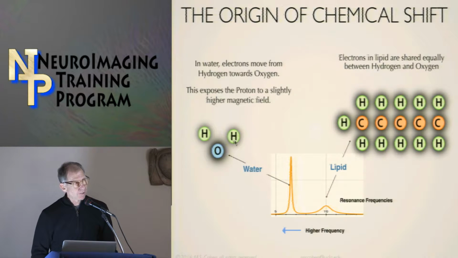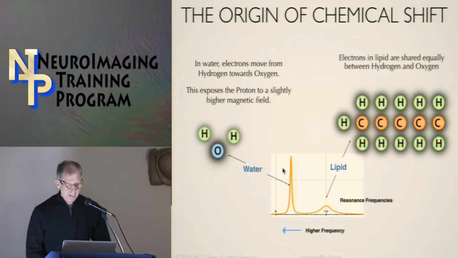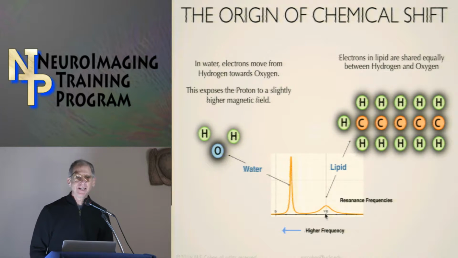So the long story made short is that hydrogens in a water molecule have a higher MR frequency than hydrogens in a carbon molecule. If I go ahead and plot the MR frequencies in, say, a mayonnaise phantom, one of my favorite phantoms.